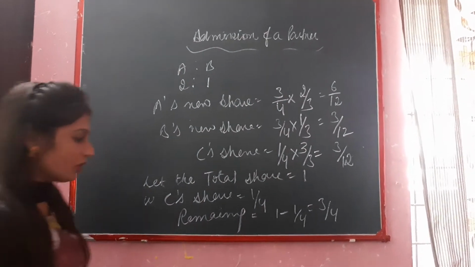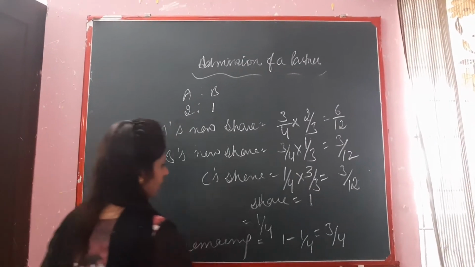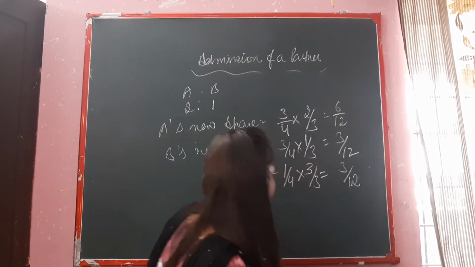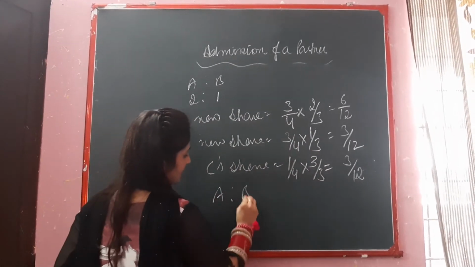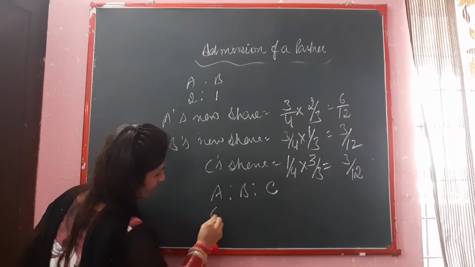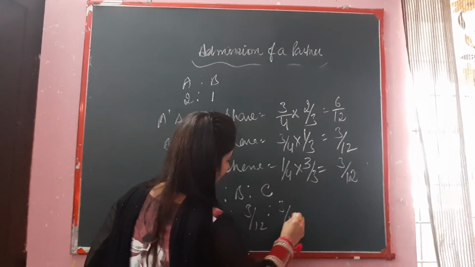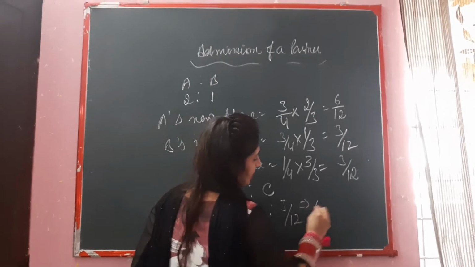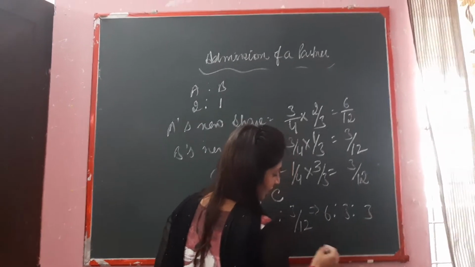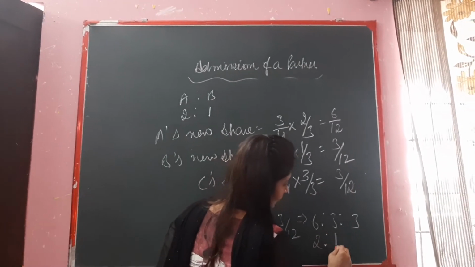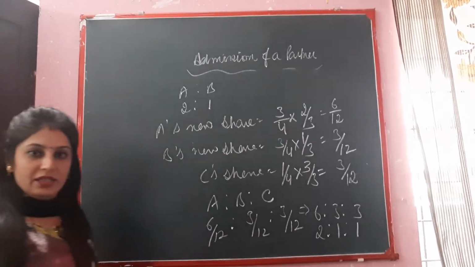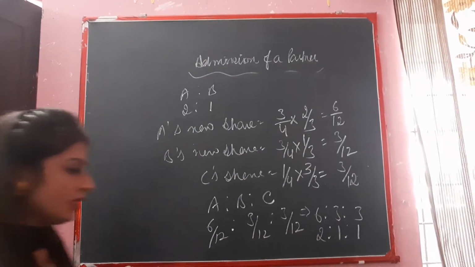So the new ratio among A, B and C will be 6/12, 3/12 and 3/12, or we can write 6:3:3. Further we can divide, that is 2:1:1, right?